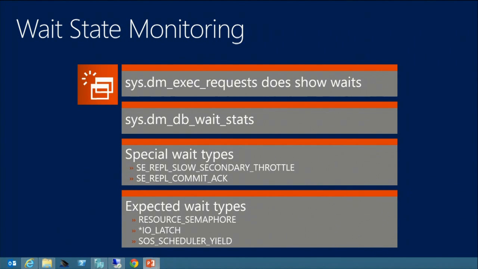Now, there are some special wait stats you need to be aware of. Specifically, you're going to see SE_REPL_SLOW_SECONDARY_THROTTLE and SE_REPL_COMMIT_ACK. Basically, what these are is you've got three databases, right? Everybody on your server has three databases. As you update data on any one database, you're getting replication.